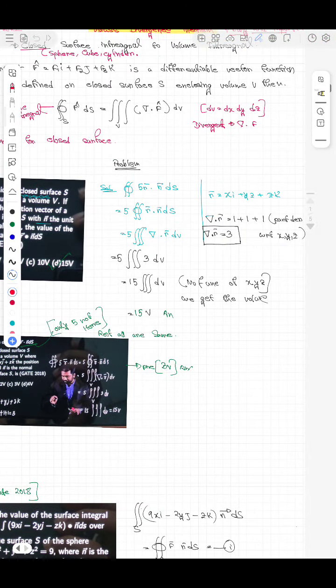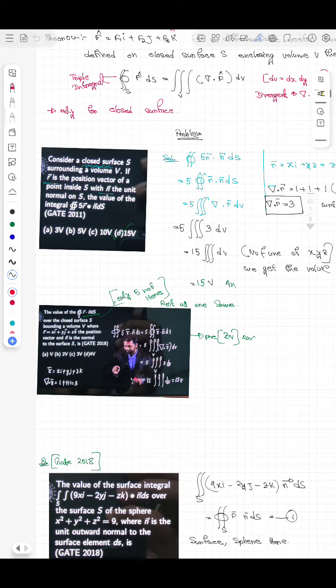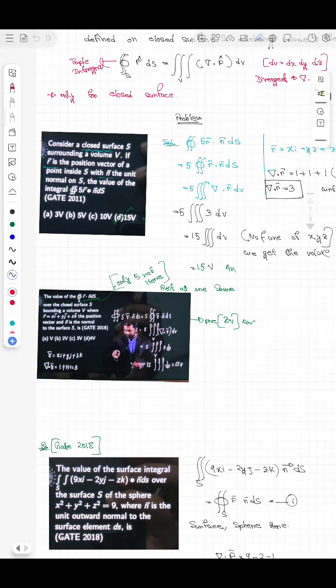Now let us clarify the problem. Consider a closed surface S surrounding the volume V. If r is the position vector of a point inside S and n is the unit normal to S, then we are asked to find the value of the integral of 5r dot n dS.